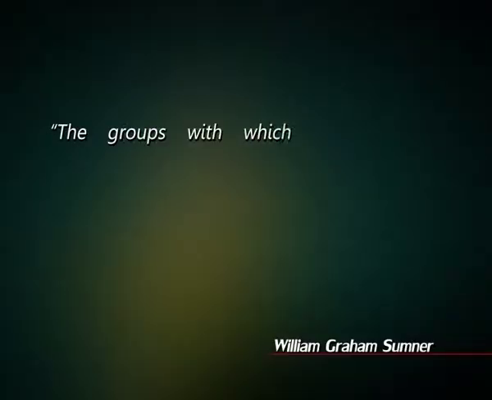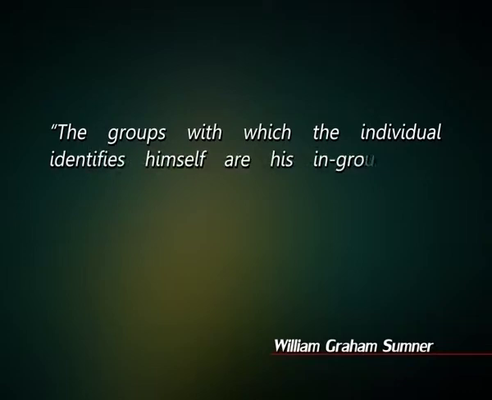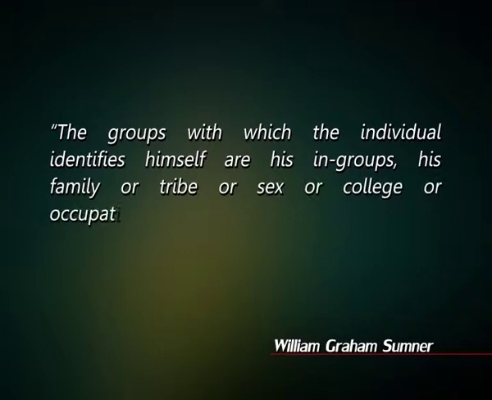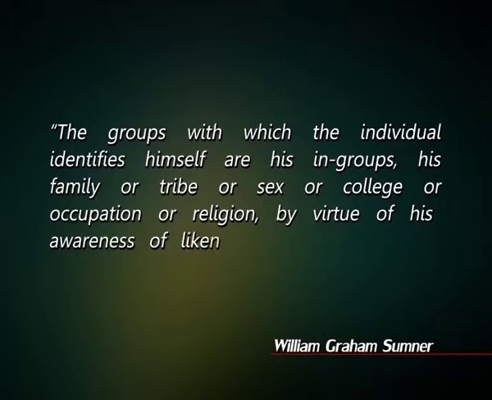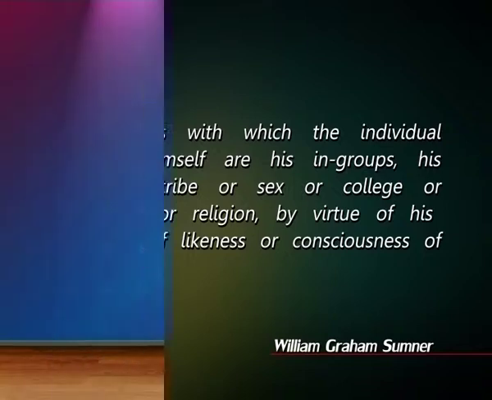According to Sumner, the groups with which the individual identifies himself are his in-groups, his family or tribe or sex or college or occupation or religion, by virtue of his awareness of likeness or consciousness of kind. The individual belongs to a number of groups which are his in-groups. All other groups to which he does not belong are his out-groups.